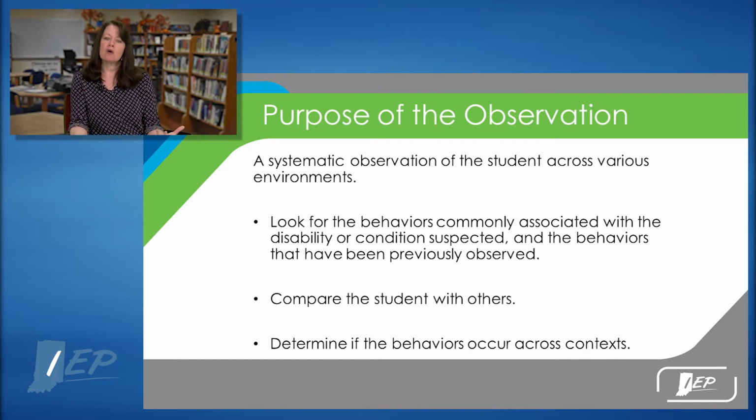I don't really know until I have a comparison. If the other students in the class are typically on task about 50 to 60% of the time, then that really doesn't seem like such a big deal. But if other students are typically on task 80% of the time, that's a pretty big gap in the behavior for this student in comparison with others.